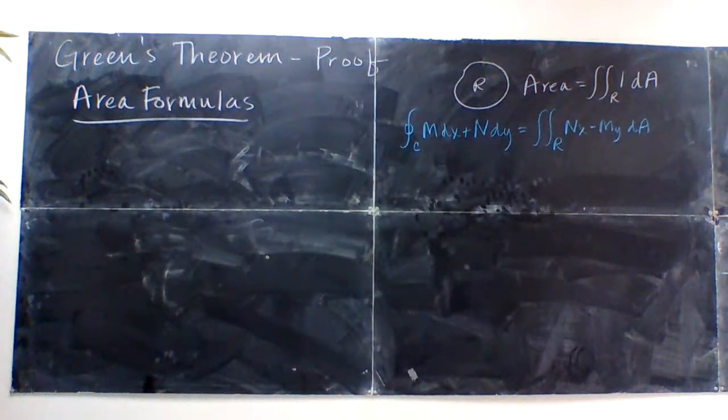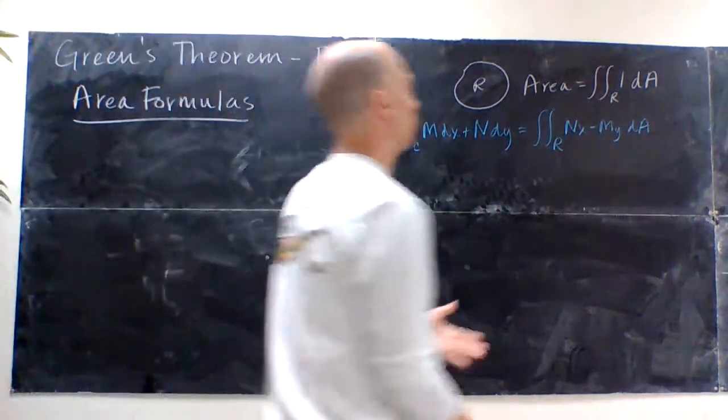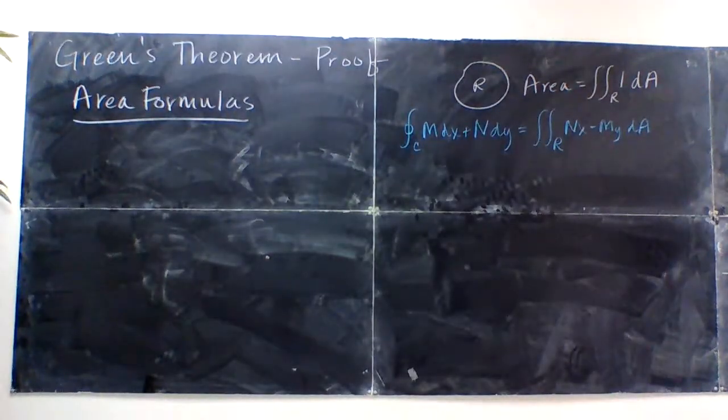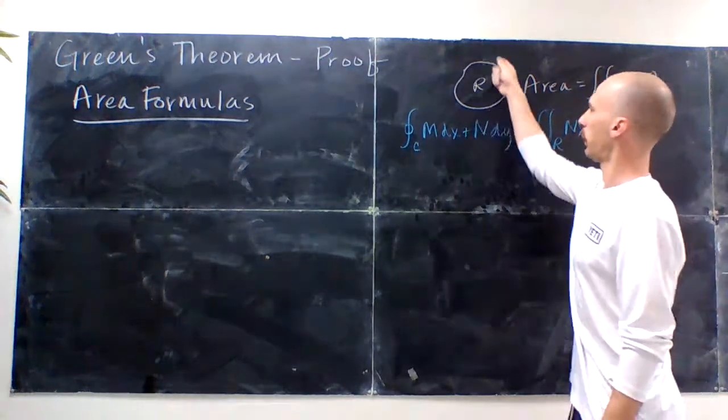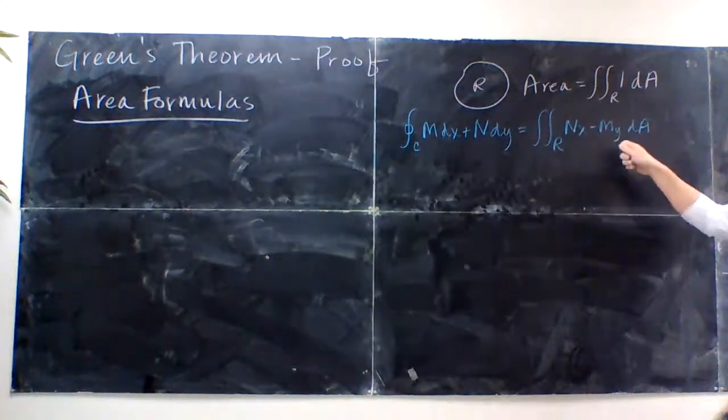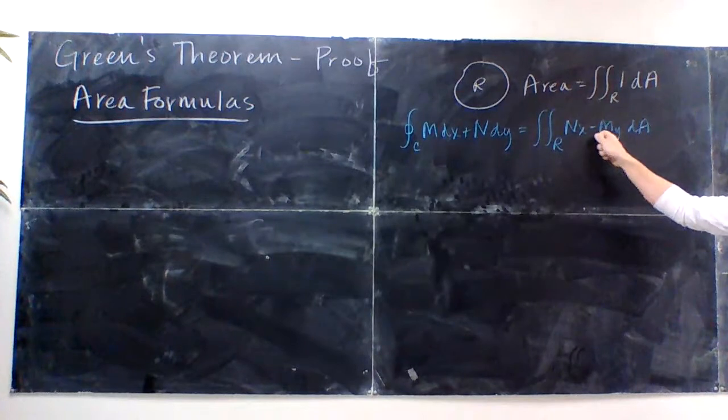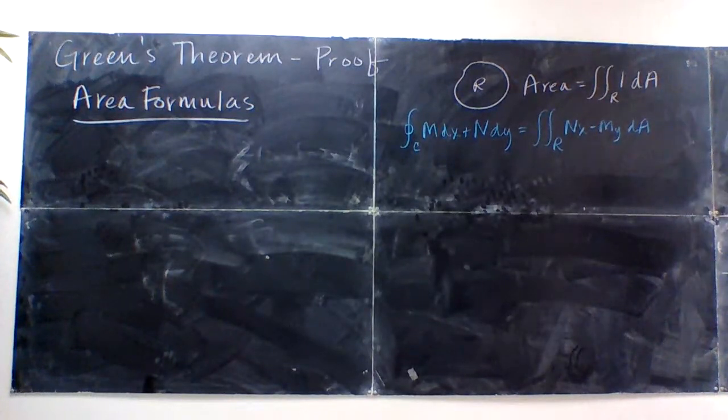If I want to be integrating 1 dA and equate it to some sort of path integral around the boundary, what I need to do is find a situation where Nx minus My is equal to 1, right?